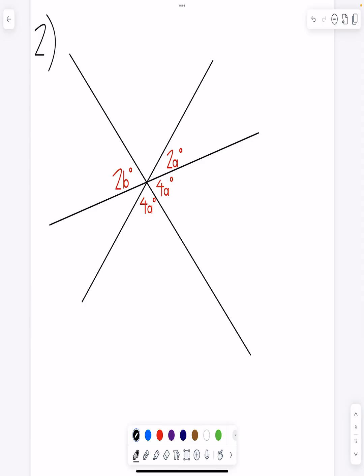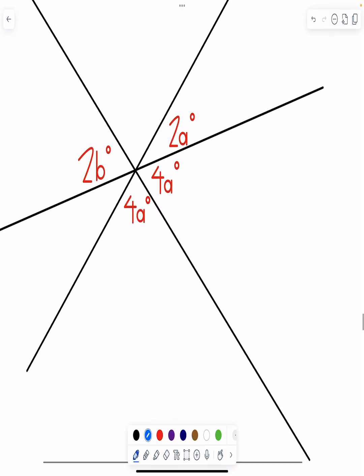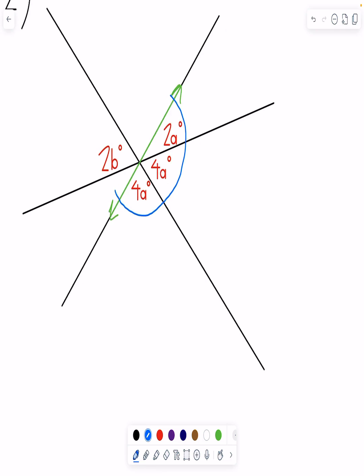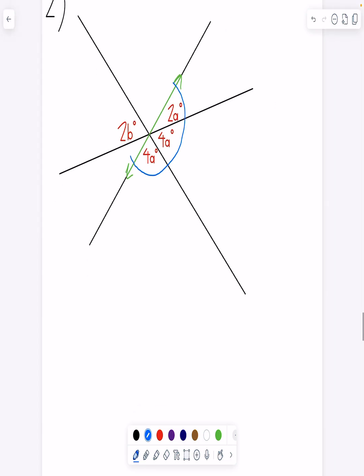All right. Now we're going to look for A and B. If we take a look at all the angles on A, there's a straight line that forms directly underneath all the angles for A. A straight line forms 180 degrees, which means if I add all the angles with an A variable attached, I should get 180 degrees.